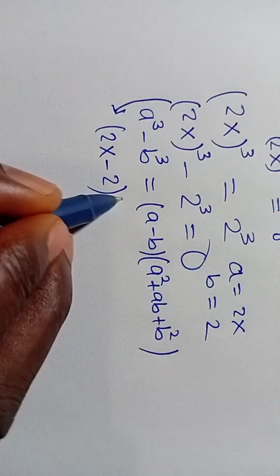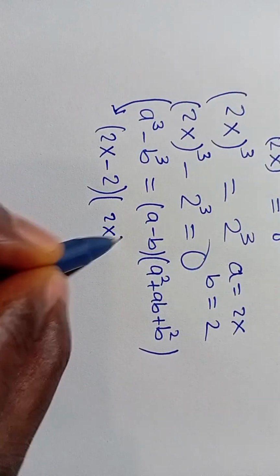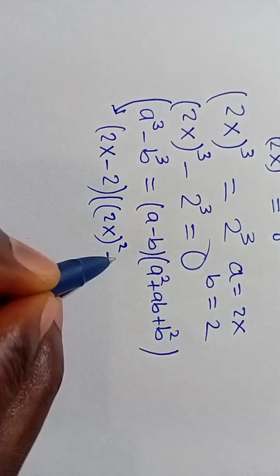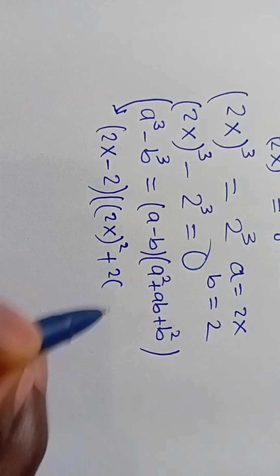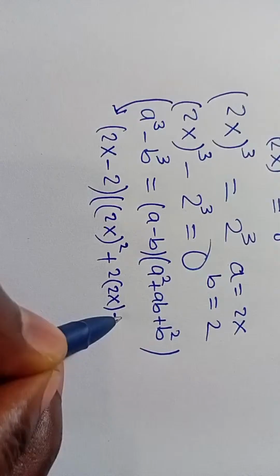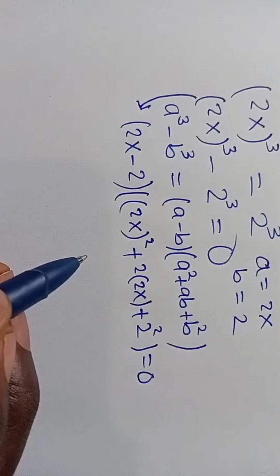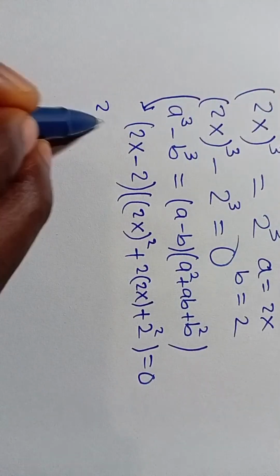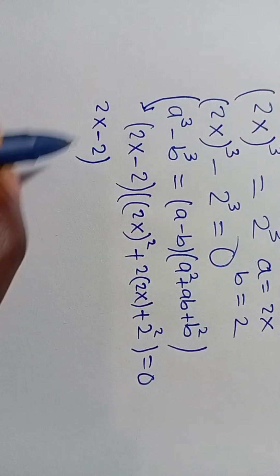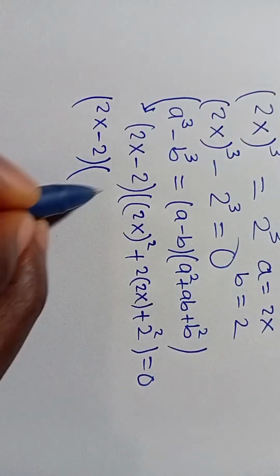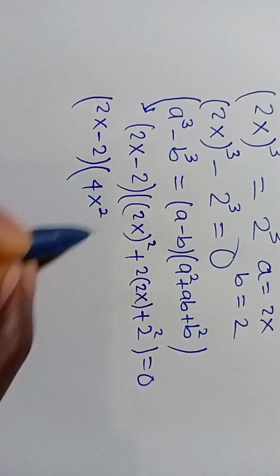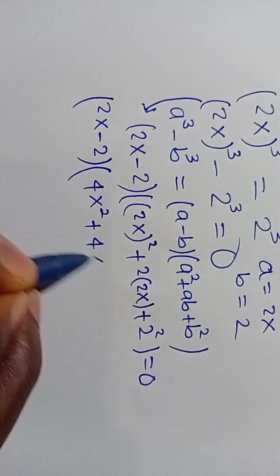Now, times 2x squared plus 2 times 2x plus 2 squared equals 0. So from here we have 2x minus 2. This will be 4x squared. This will be 4x.